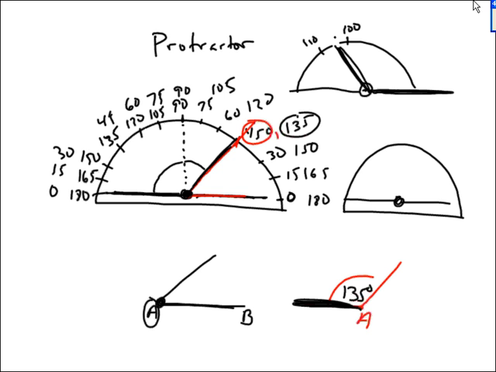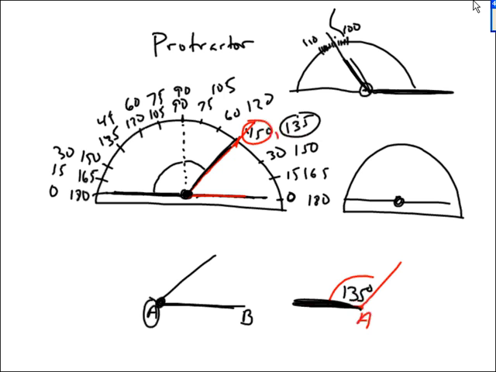Well, you're going to have some ticks between the 100 and the 110: 1, 2, 3, 4, 5, 6, 7, 8, 9, 10. And you just have to count. It looks like that's 105.